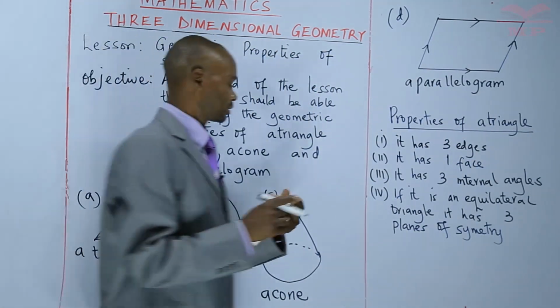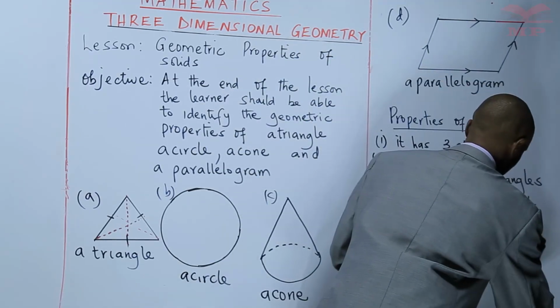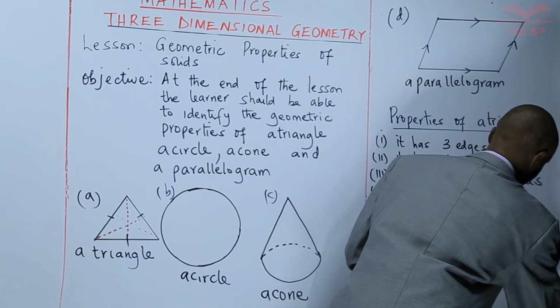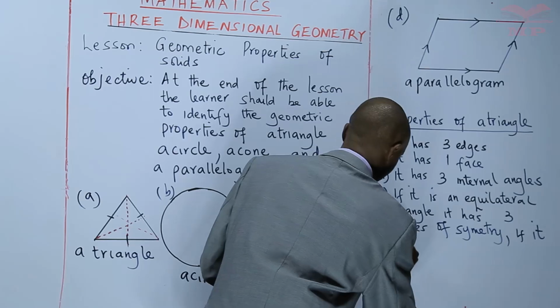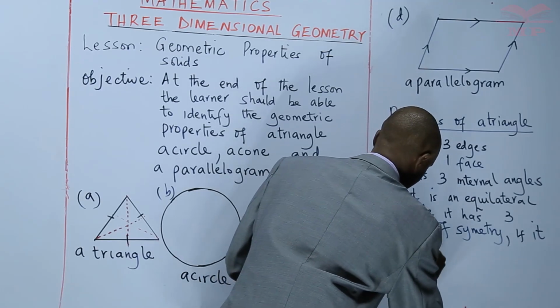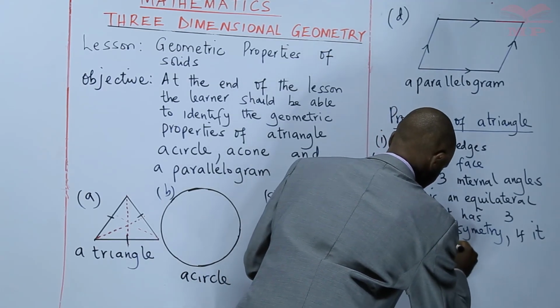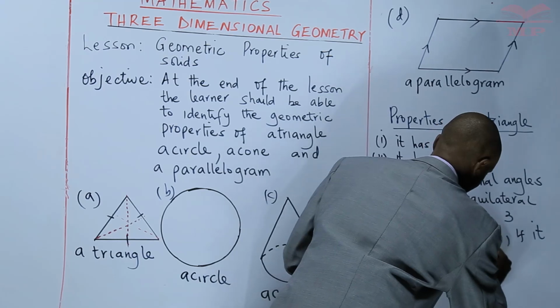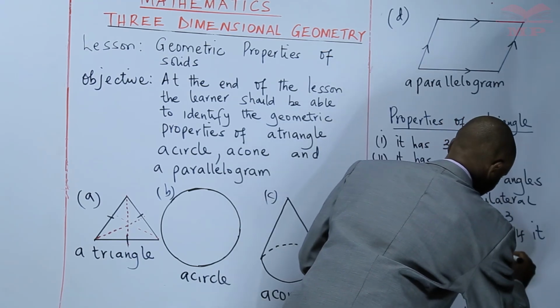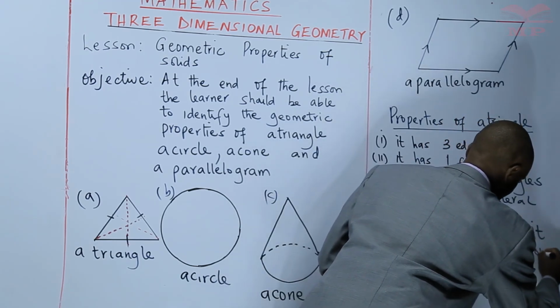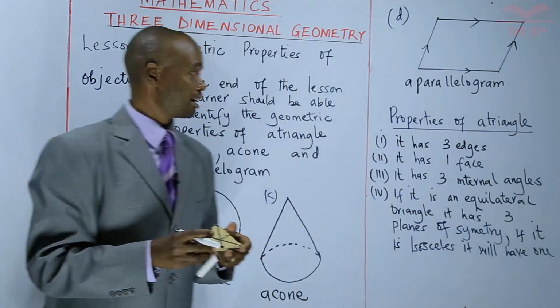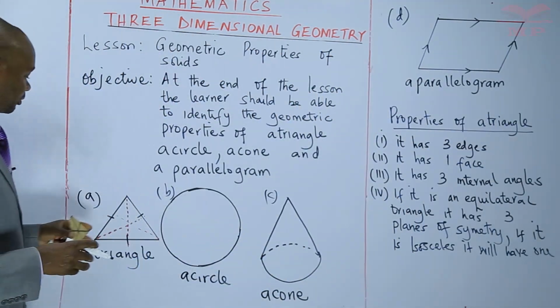An isosceles, if it is isosceles, it will have 1 plane of symmetry.